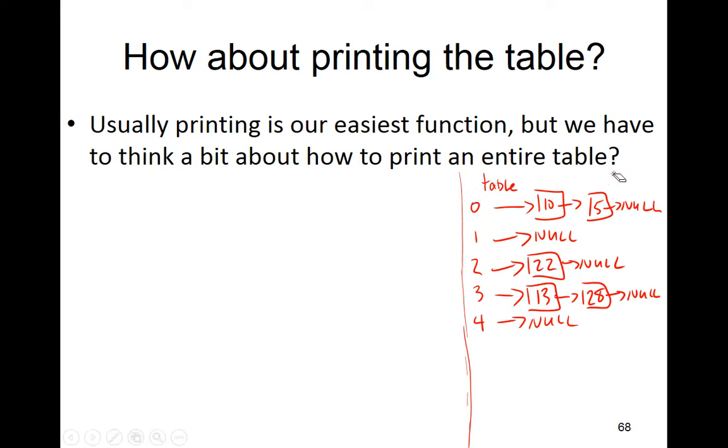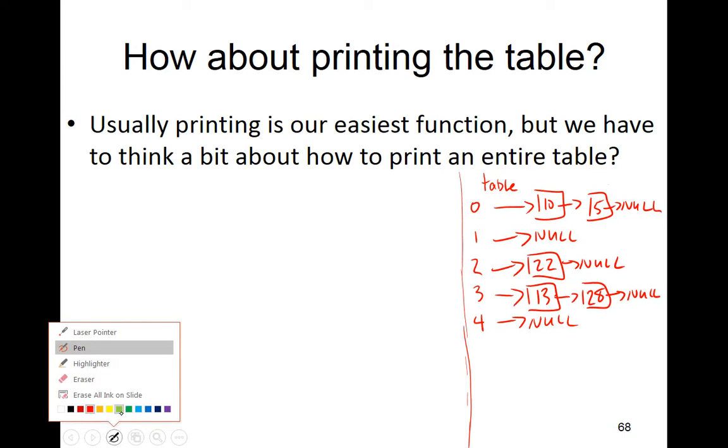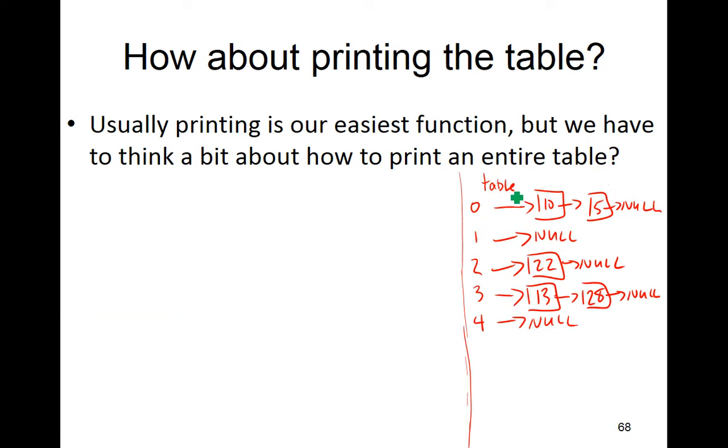Let me actually do that in a color here. On the one hand, I would start at the first pointer, and I might say, let me start at the first box, and I'll print and print and print until I reach null, in which case I'll say something like, go to the next row. Not quite sure how to do that yet, but we'll figure that out.